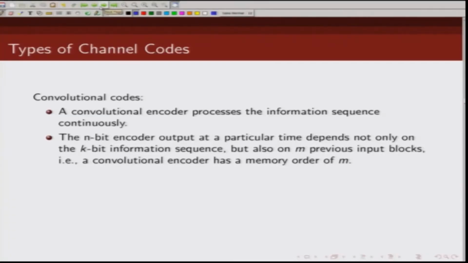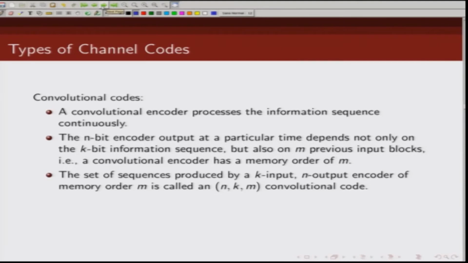So, if we have an (n,k) convolutional code where k is the number of information bits, n is the number of coded bits, we have another parameter which we are calling memory order, which signifies basically how many past bits, or what is the past information that has been used to generate the current output.